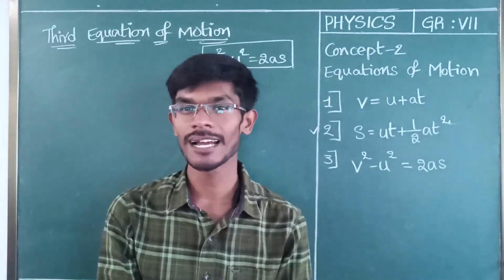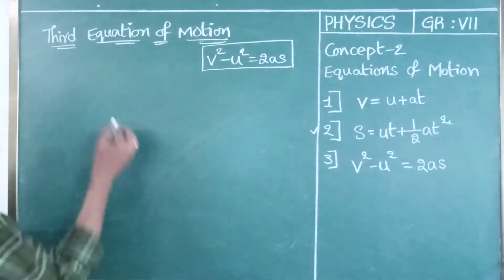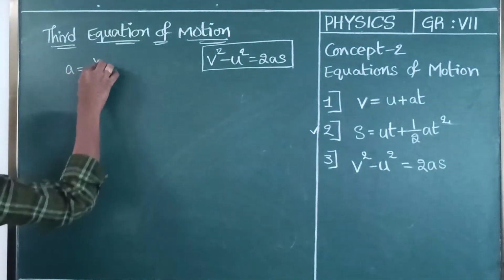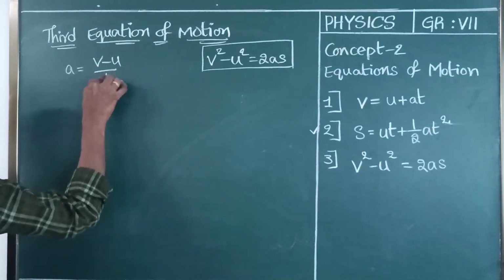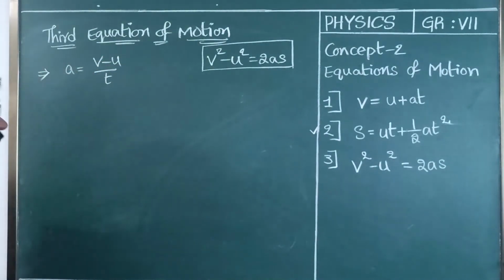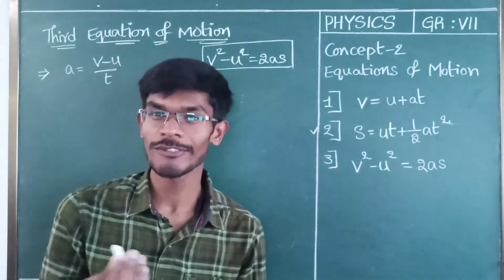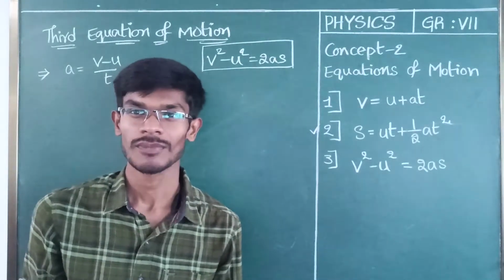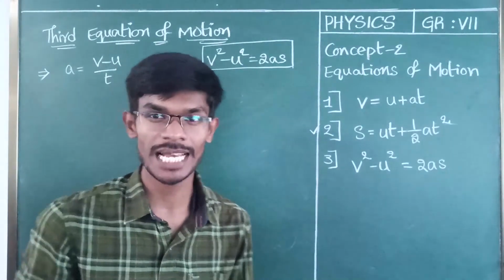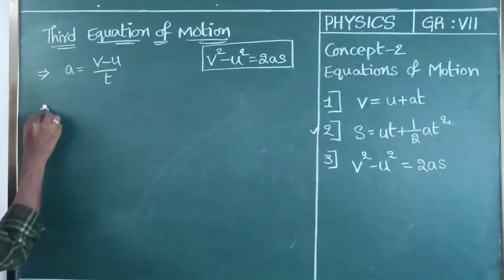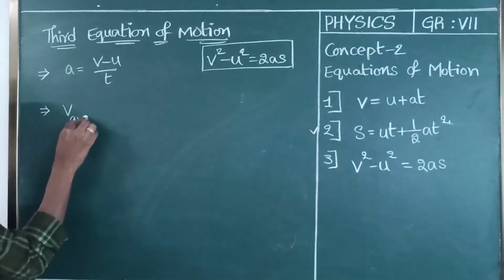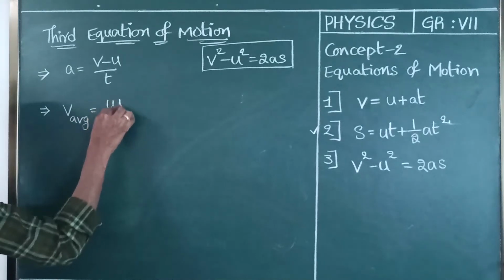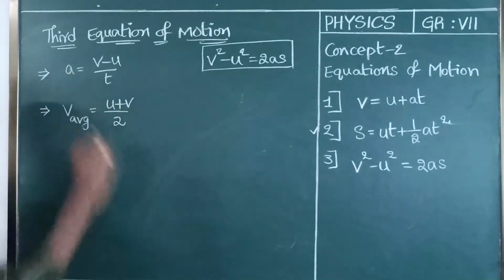We have written the acceleration formula as a is equal to v minus u by t. Okay, and if the object is moving with uniform acceleration, the average velocity we have written as v average is equal to u plus v by 2.